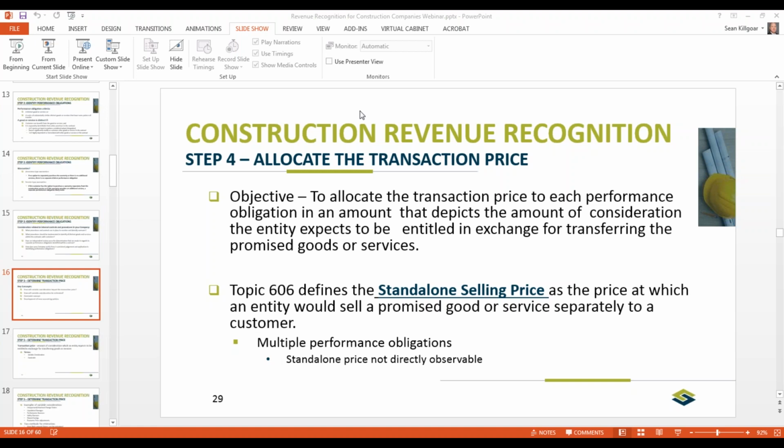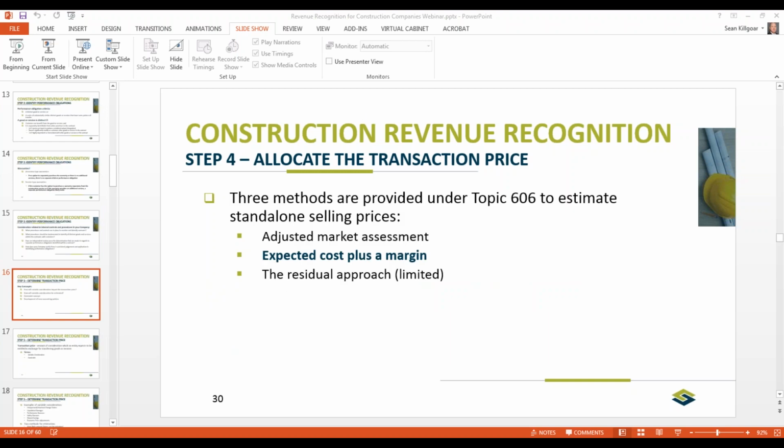Sometimes if you have one contract with multiple performance obligations, it may not be easy to determine exactly what a standalone price is because it's all combined. In step 4, for a contractor, I think it's going to be a little bit easier because when most of our clients do a bid, they know the costs and they know the margins they're getting on a job.